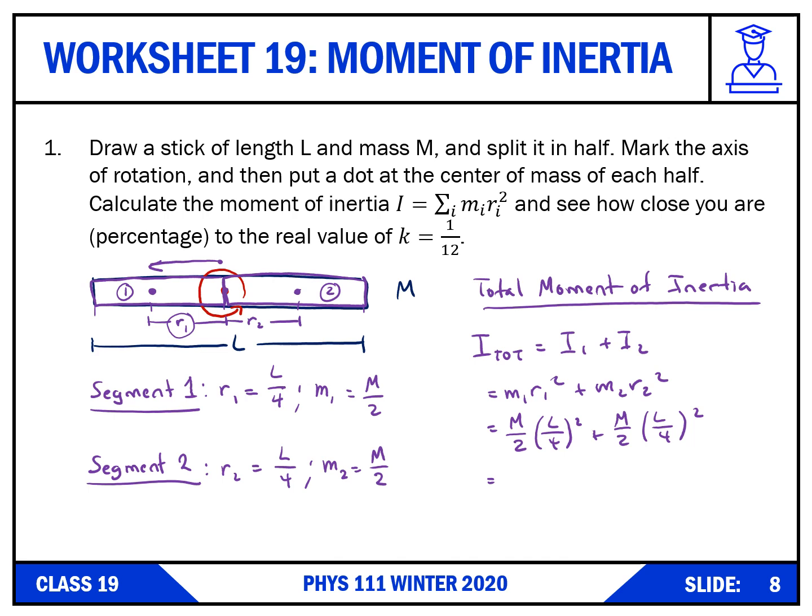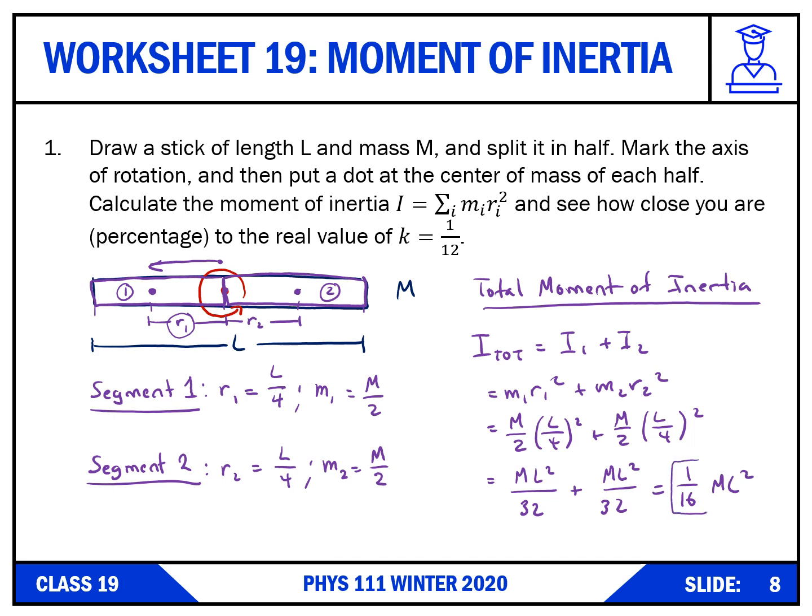So then I would have ML squared over 2 times 4 times 4. And that gives us 2 times 16, which is 32. Then we have the exact same over here, ML squared over 32. And in total, you're going to get 2 over 32, or 1 over 16, ML squared.